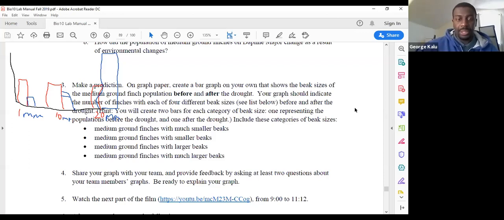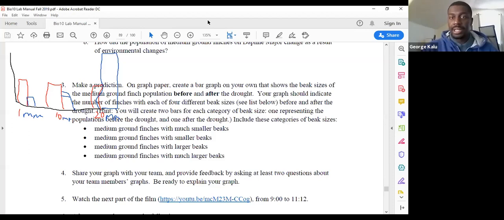Okay? There was an El Nino event that caused lots of flooding over the island. And so when that event happened, which seeds now became available? Small seeds or large seeds? Small seeds, right. So small seeds became available. And so again, we saw natural selection occur again.